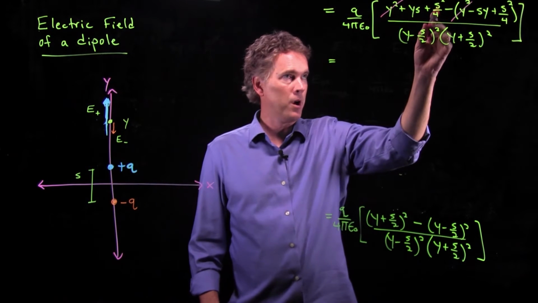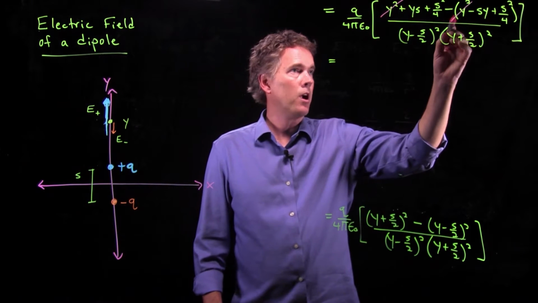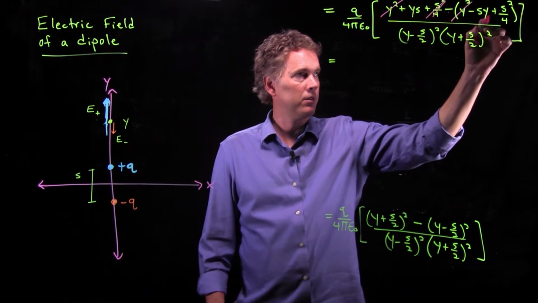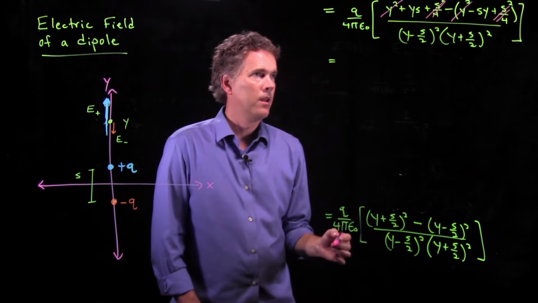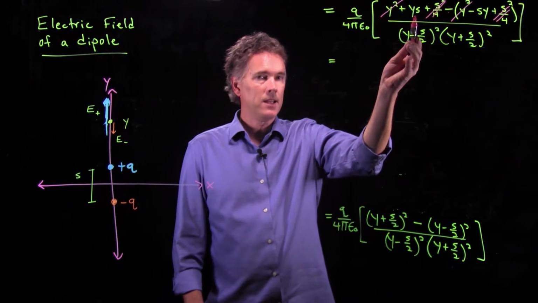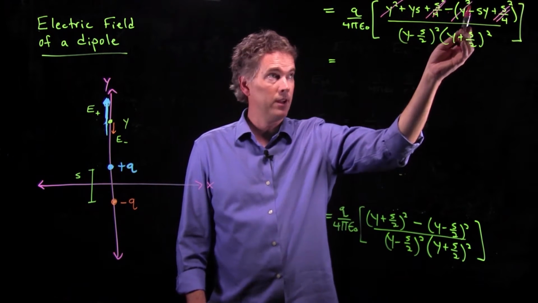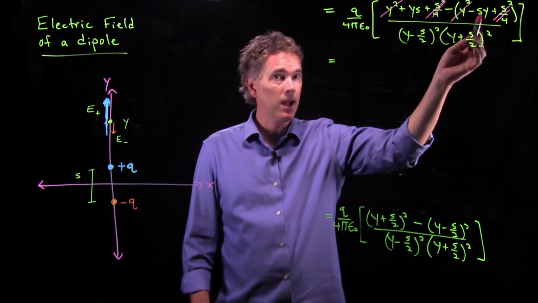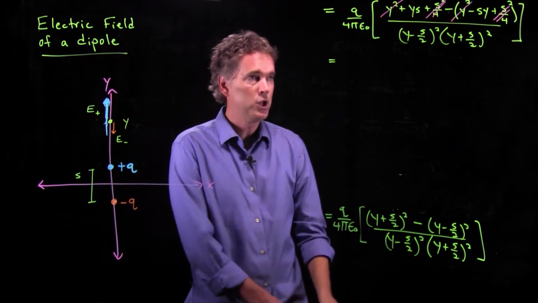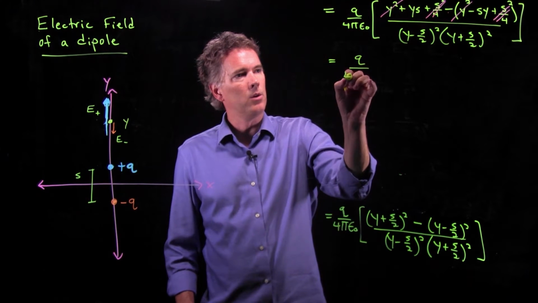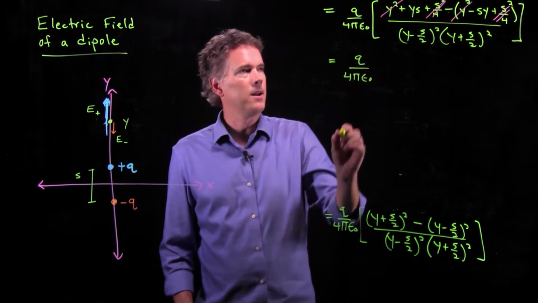We have an s squared over 4, but we are subtracting an s squared over 4. So this goes away. What's left is a y times s, minus minus means positive sy. So ys plus sy, so we end up with 2 of those. So this whole thing becomes q over 4 pi epsilon naught.